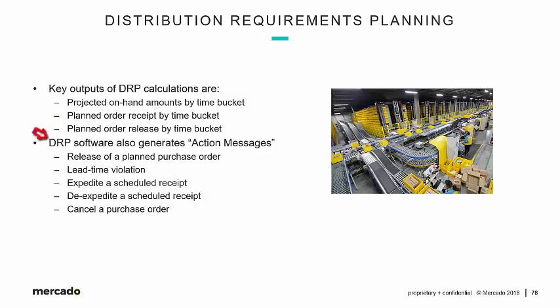DRP software, which is in existence just like MRP software, also generates action messages. And this is the advantage of digitizing a supply chain, because manually this becomes really hard. DRP is going to tell us when to release a planned purchase order. If we know we need a certain amount of goods 180 days out in our distribution network, and we have a 180-day cumulative lead time with an overseas vendor, the system is going to tell us right away that a purchase order has to be placed.